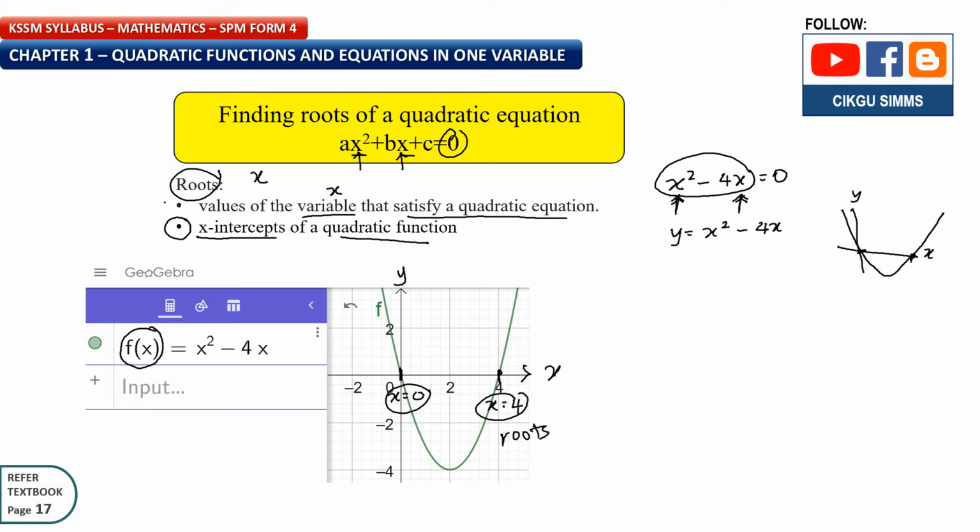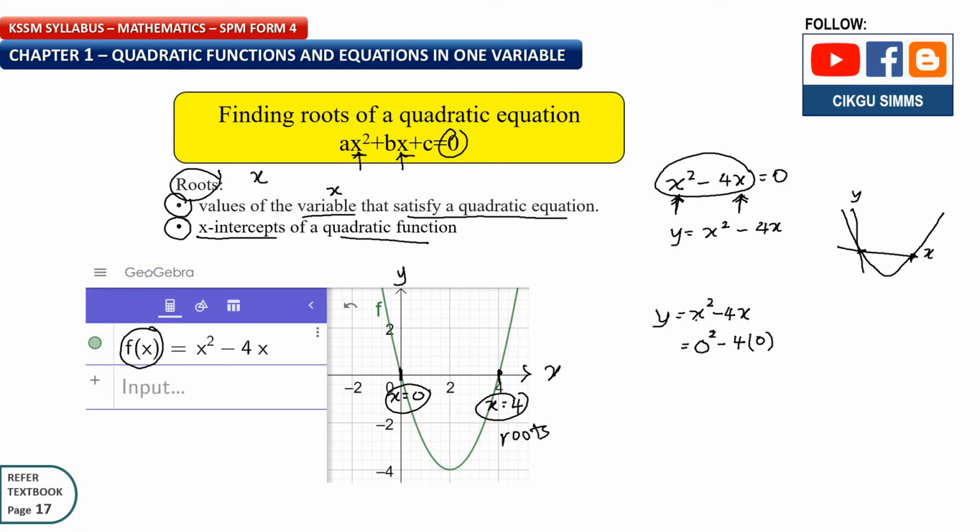Okay, so let's see the first definition: values of the variable that satisfy the equation. The equation is y equals x squared minus 4x, right? The first root is 0, so we put in 0 here.